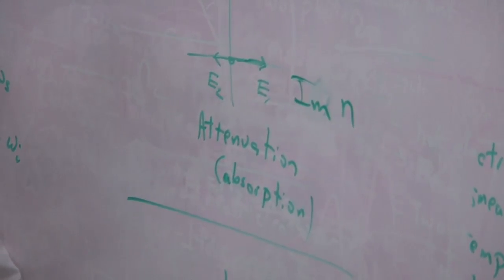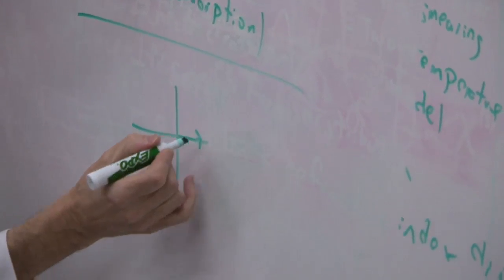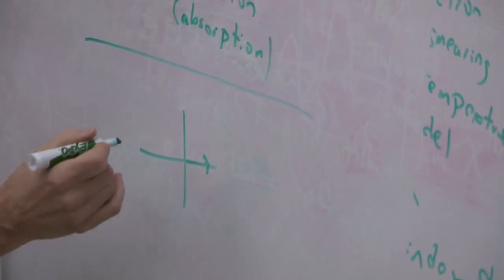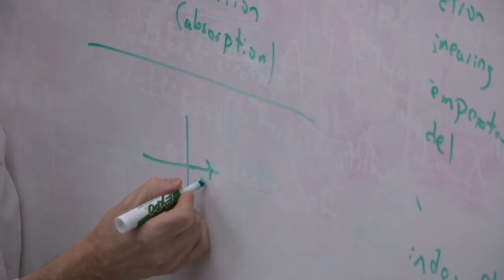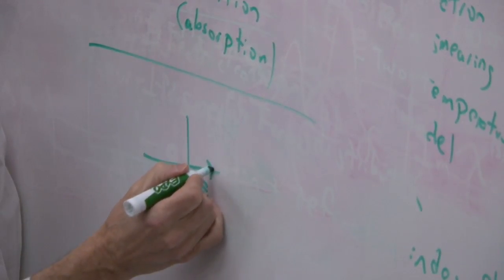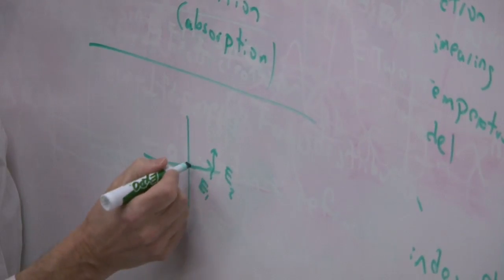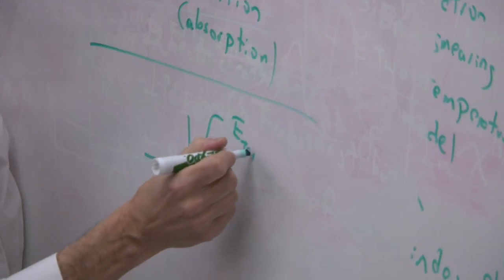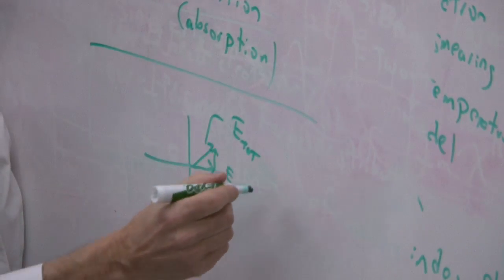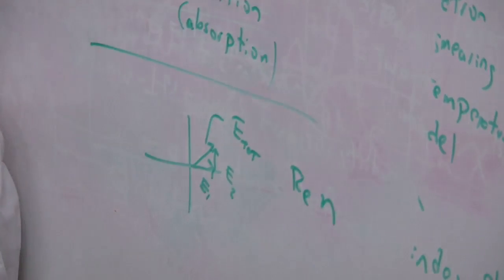But if you have something like this, if this is E1 and this is E2, then this will be the total, and this gives rise to the real part of the refractive index.